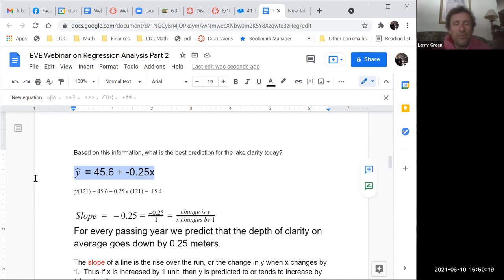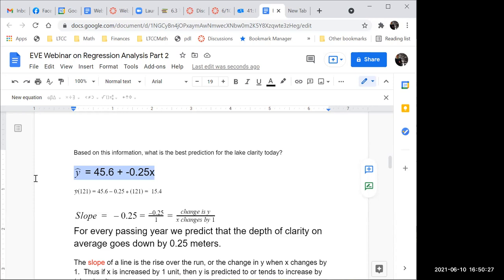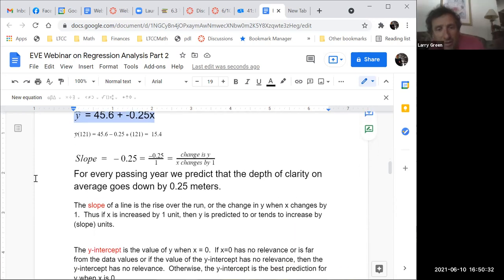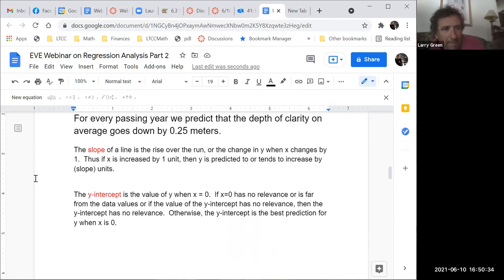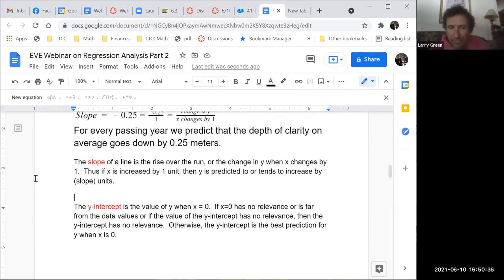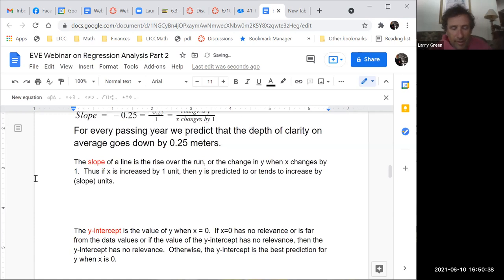So who remembers what it means to say the y-intercept is 45.6 in general? At x equals 0, y equals 45.6. Right. So let's write that down. So at x equals 0, y is equal to 45.6. Okay.